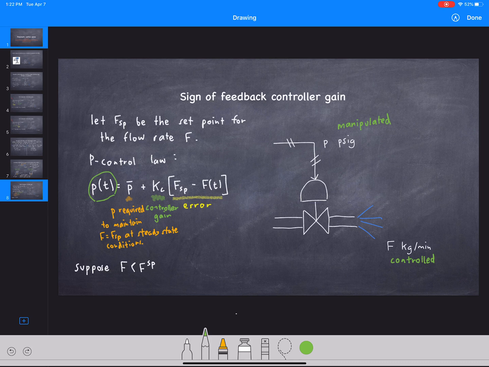And if you'll note, when the error is zero, i.e. when F is equal to F set point, and we're at business as usual, the pneumatic air signal P is equal to P bar, right? So this P bar is the pressure that's required to maintain F at its set point at steady state conditions, at business as usual, okay? And if there's an error, you need to adjust the pressure that goes on here. And it's automatically done by this control law.